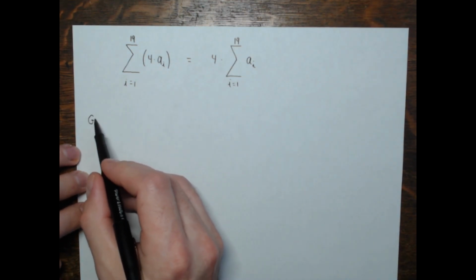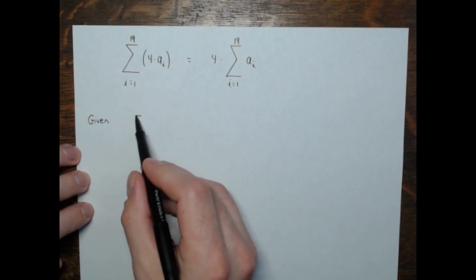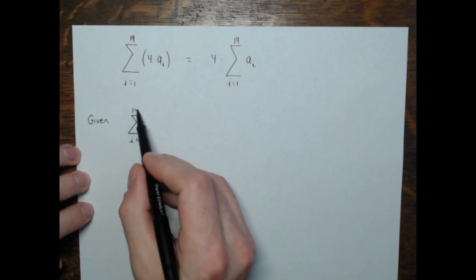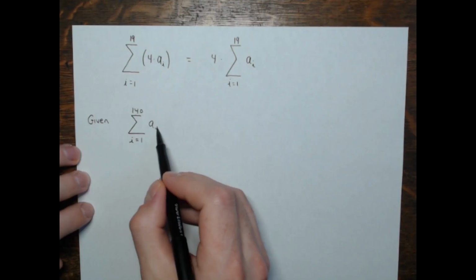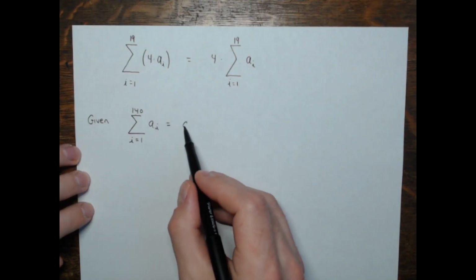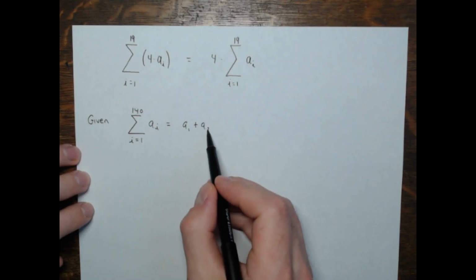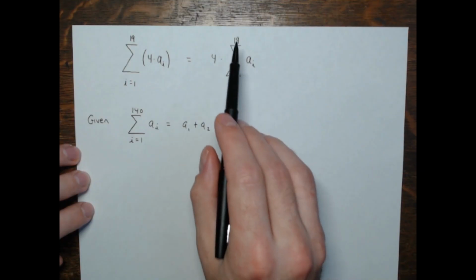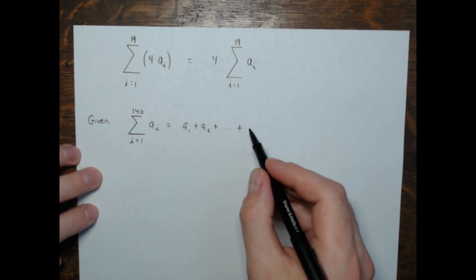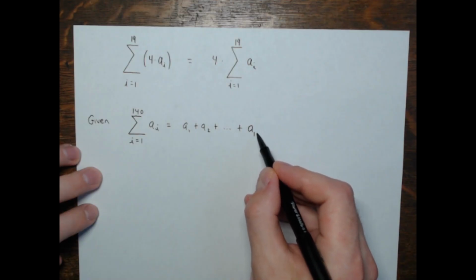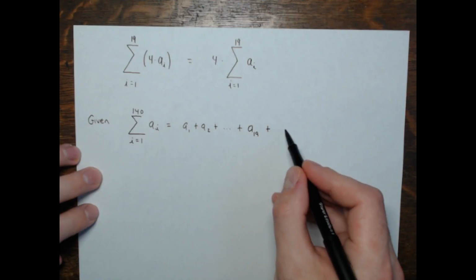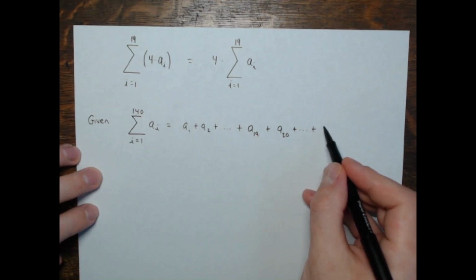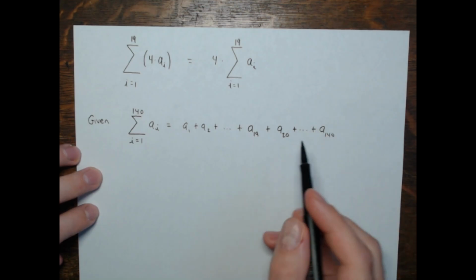Now we were given the following. One of these was the sum from i equals 1 to 140 of these a sub i terms. So that's a1 plus a2 plus... Now I'm going to go up to, we need to figure out what happens at 19 here. So plus a sub 19 and then plus a sub 20 all the way down to a sub 140.